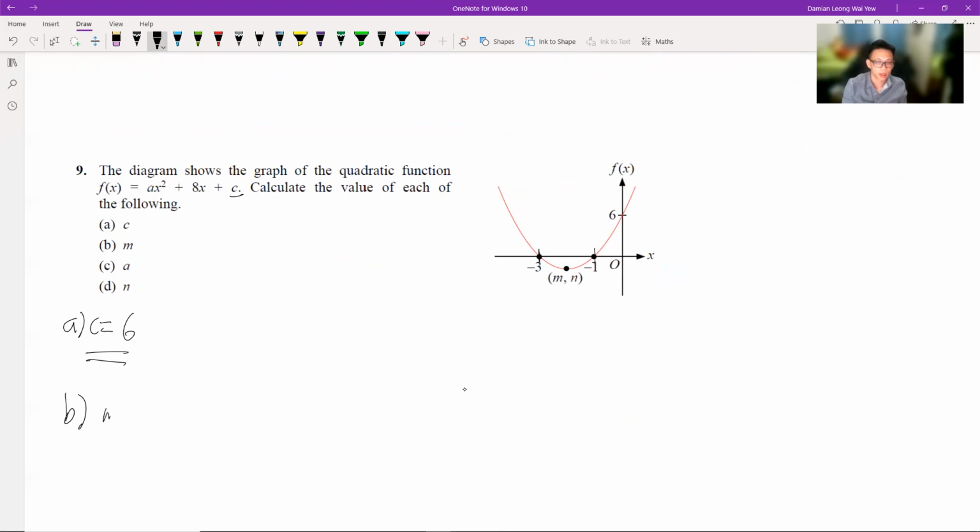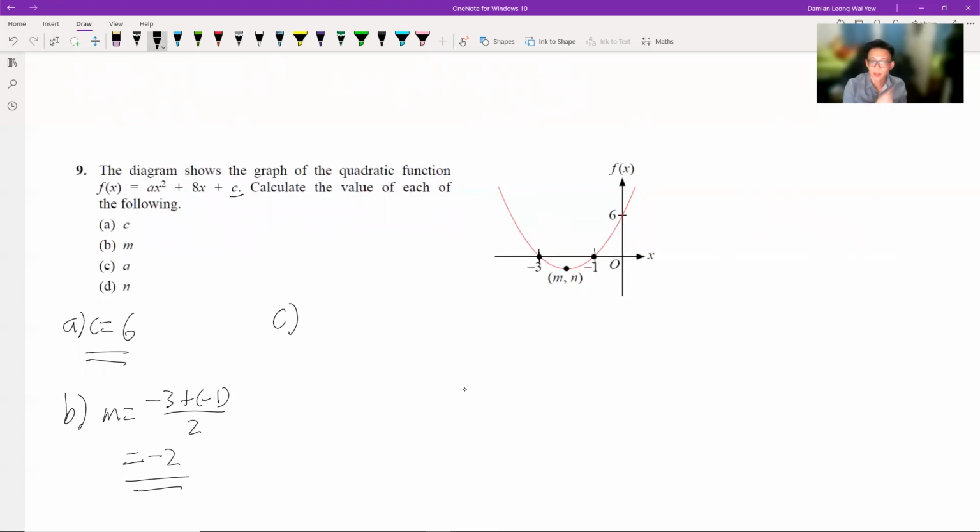So m is the average: -3 plus -1 divided by 2, which is -2. Okay, m is -2.